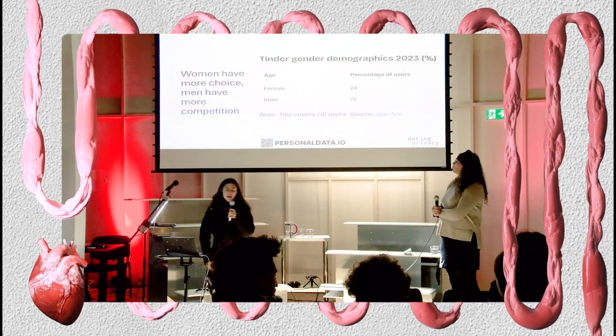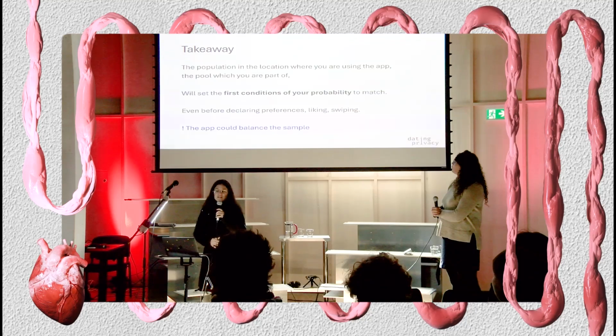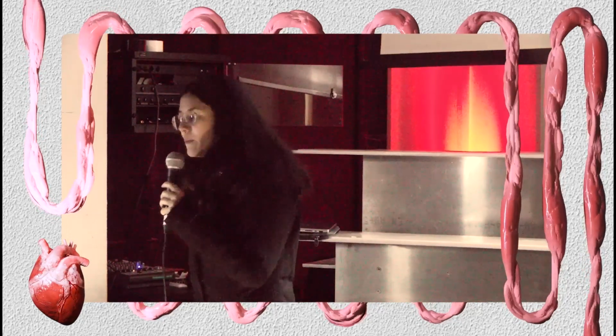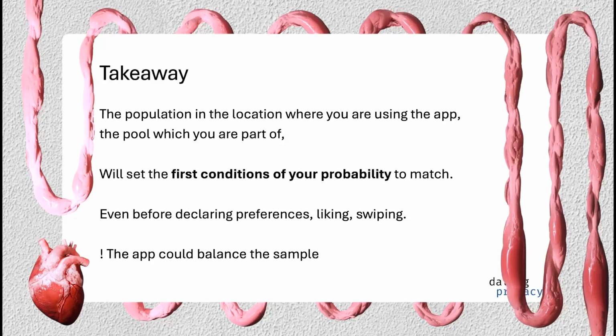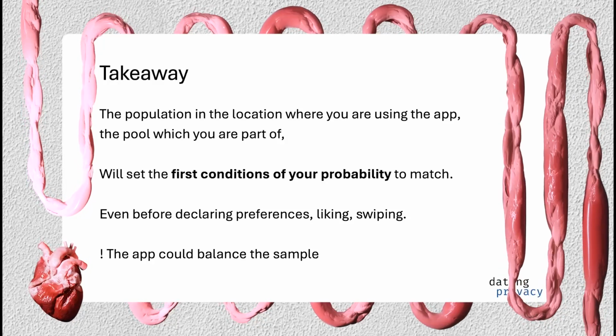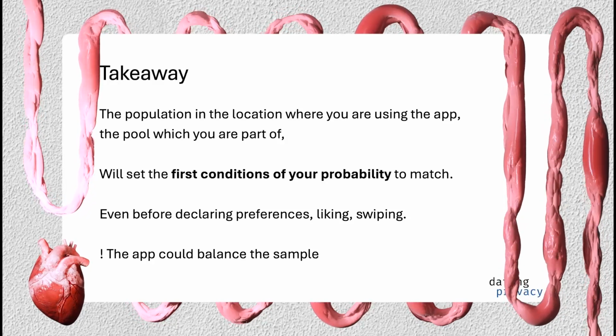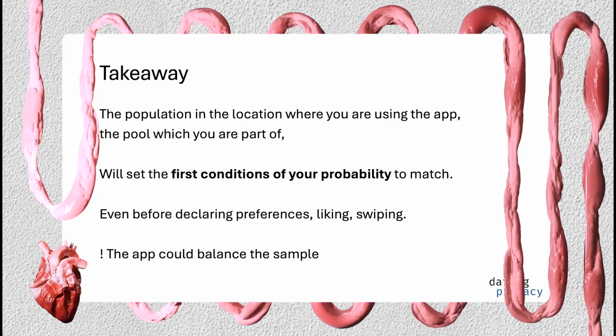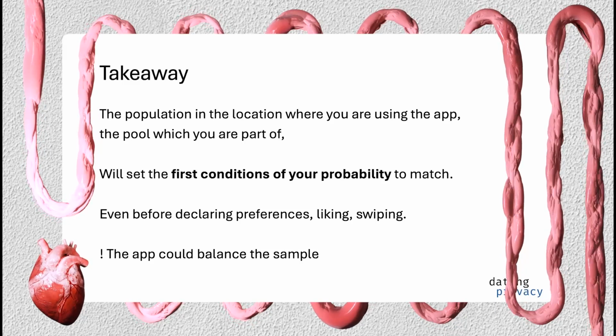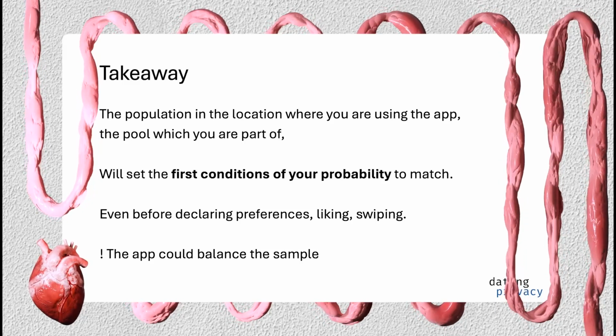This is why I'm telling this: I talk a lot about algorithms and their agency, but I also want to emphasize that the population in the location where you're using the app, and the pool of which you're part, if you're in this younger range or in this older range, is going to set the first condition of your probability to match, right?